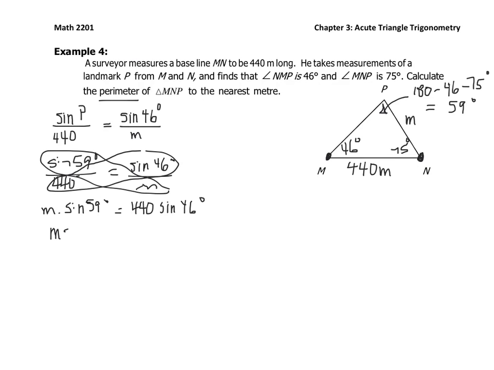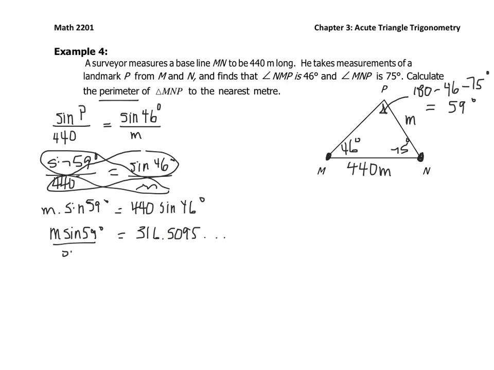So M times the sine of 59 would equal 440 times the sine of 46, which is 316.5095, and so on, on the calculator.